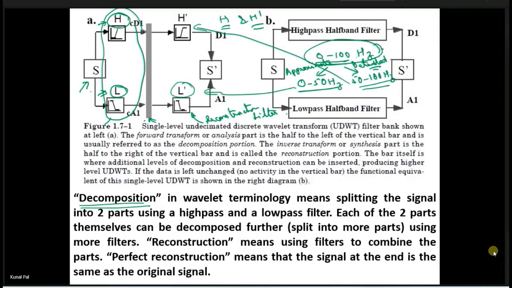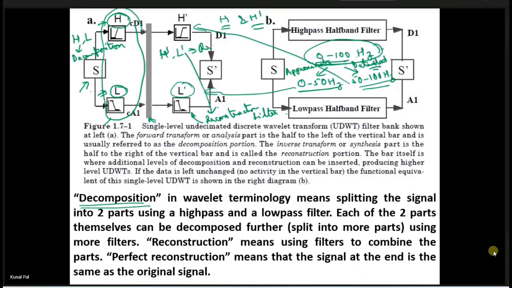So H and L are decomposition filters, and H dash and L dash are called reconstruction filters, as written over here.